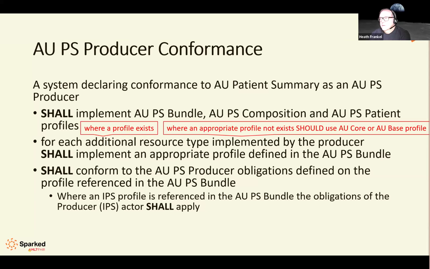Okay, so we do need to understand the distinction here that the two actors we're defining in AUPS don't correlate directly to the AU Core actors. Oh yeah, 100%. You may actually need to be both in either direction.